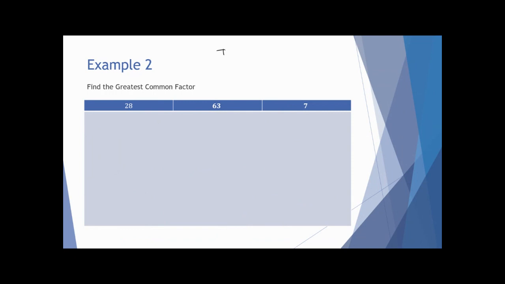So the GCF is the largest number that divides into 28, 63, and 7.